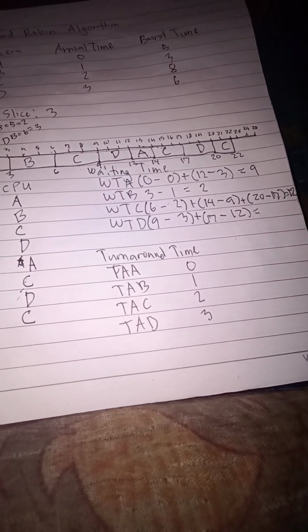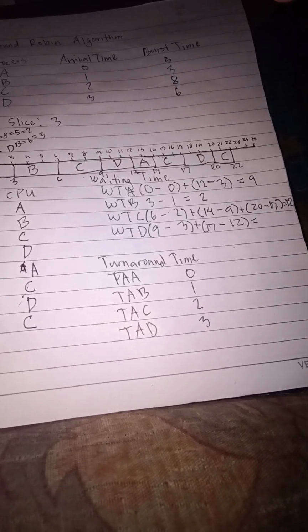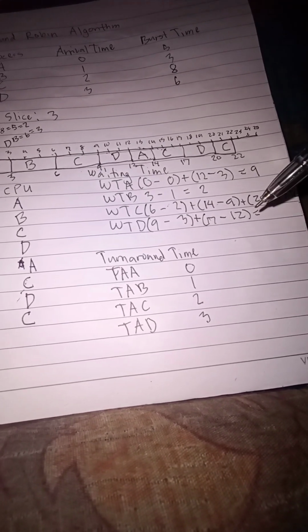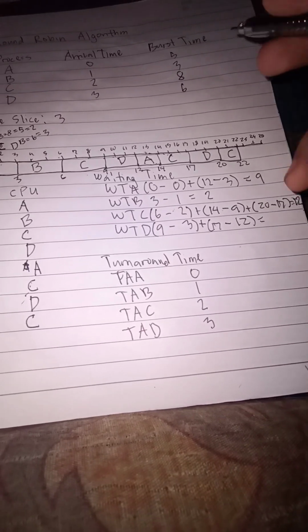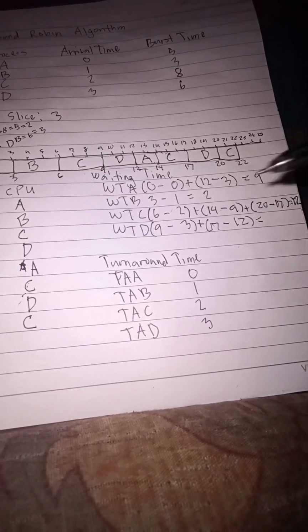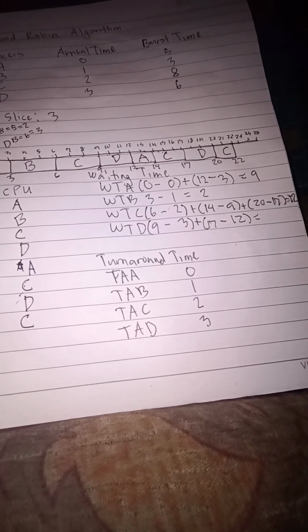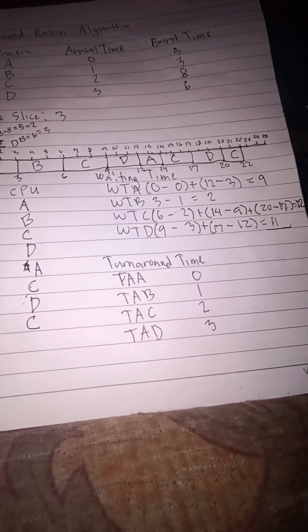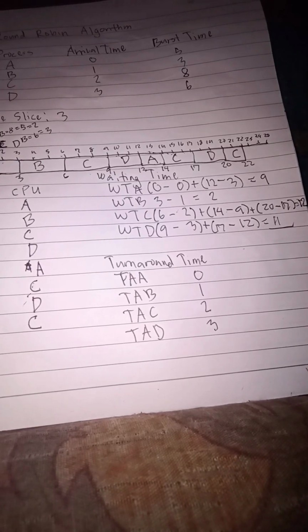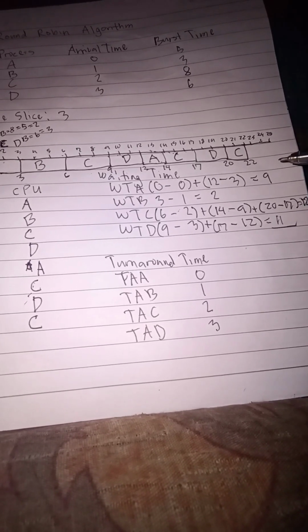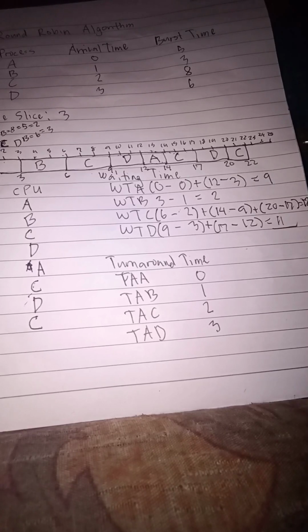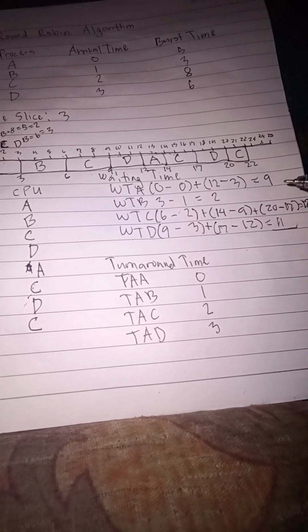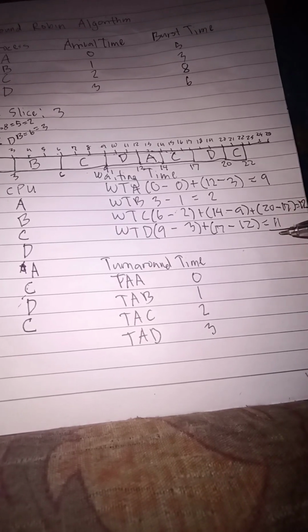And lastly is D. 9 minus 3 is 6 plus 17 minus 12. So 6 plus 5 is 11. And let's just add it together. 9 plus 2 plus 12 plus 11. 9 plus 2 is 11. Plus 12 is 23. Plus 11 is 34.